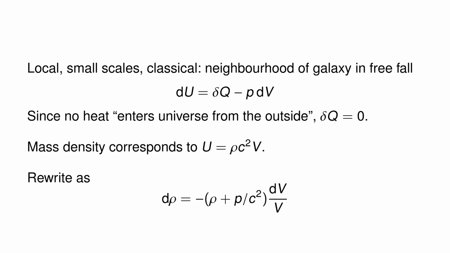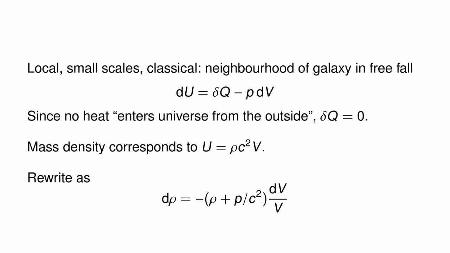So the mass, let's link this to quantities we've already looked at. The mass density corresponds to the total energy here. So ρc²V, with V just to make the density into an absolute quantity, and ρc², that's just E equals mc², linking the mass and the energy. So there we have the U term linked back to a term that's very interesting for us, namely the density ρ of the universe.